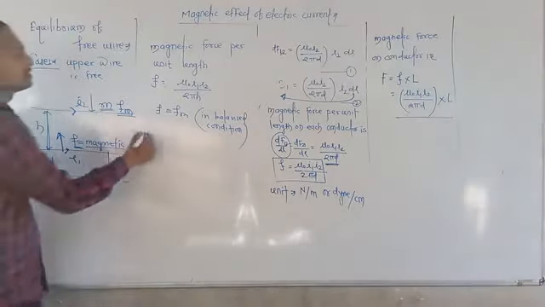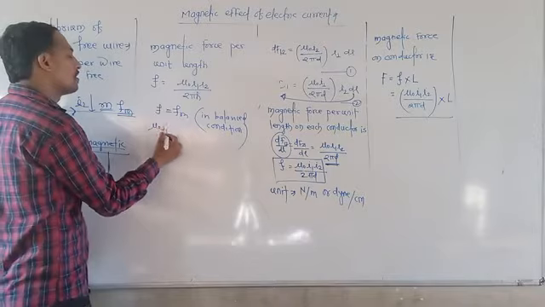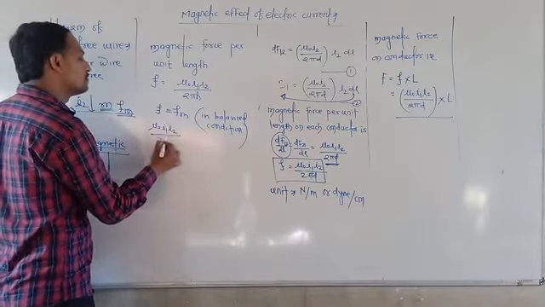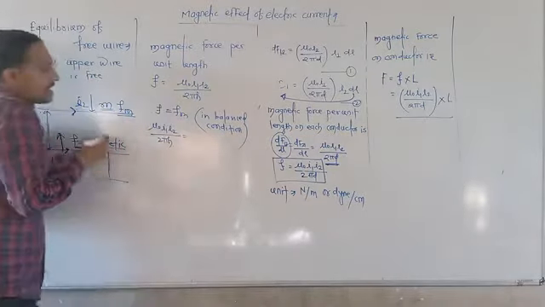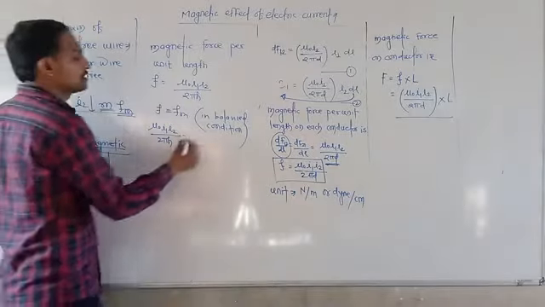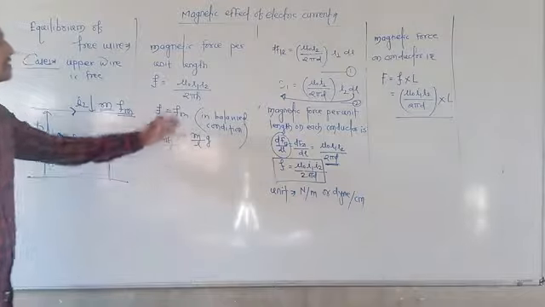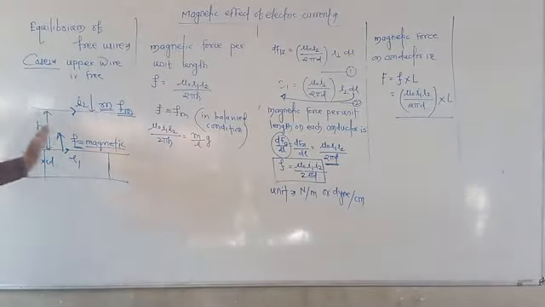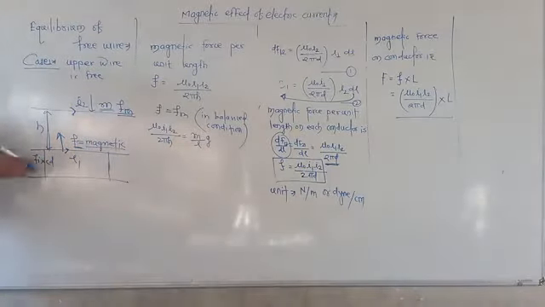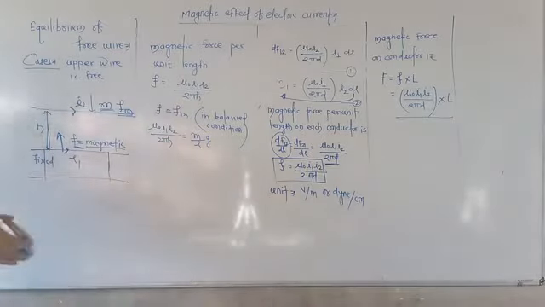So F is what? Mu 0 I1 I2 upon 2 pi h. And gravitational force per unit length means what? M upon L into g means gravitational force per unit length. So at that time, this wire is in equilibrium.